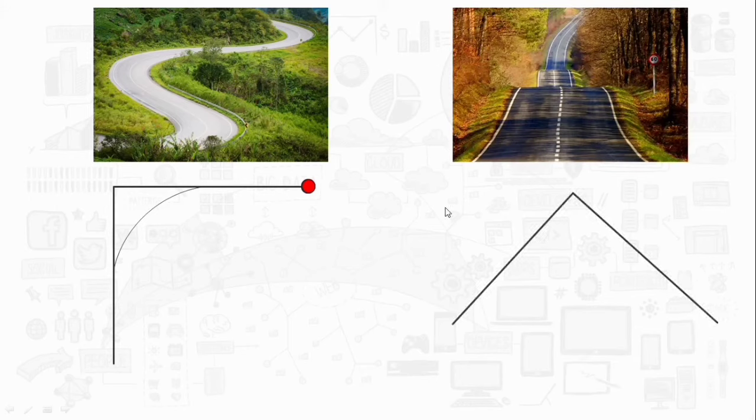Without a curve, there will be an abrupt or sudden change, which is very dangerous or impossible. Unlike when we insert a curve, there will be a smooth transition from one direction to another direction.